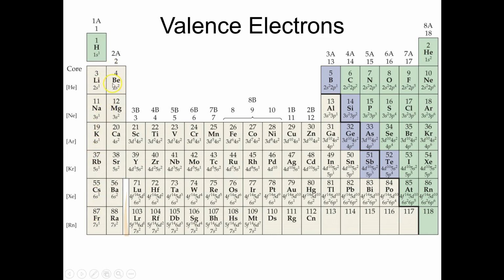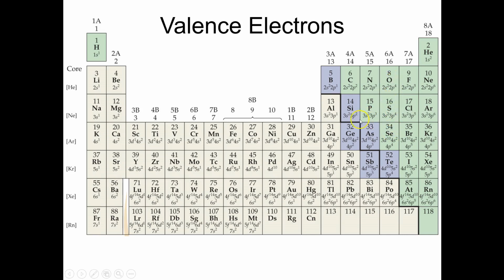Everything in group 2 has a valence configuration of ns2. Everything in group 3, as I like to call it, not group 13, but group 3, has a valence configuration of ns2 np1. Group 4, ns2 np2. Group 5, ns2 np3.